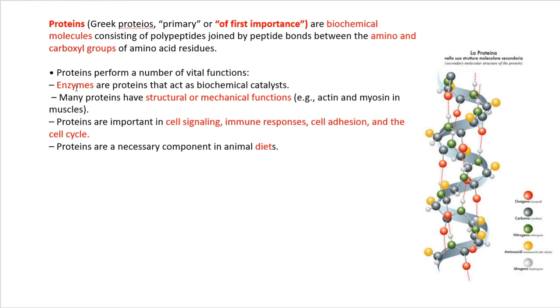They can be part of a structure of our body, or also we can see them in the diet, and they have several importance in the cell. For example, in the immune responses, in the cell adhesion, and in the cell cycle.